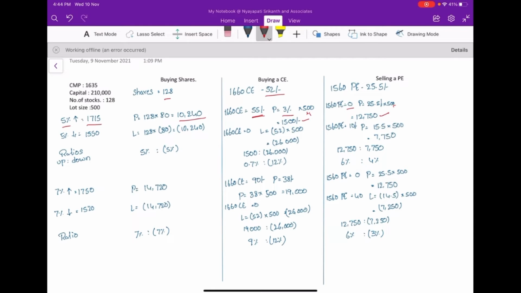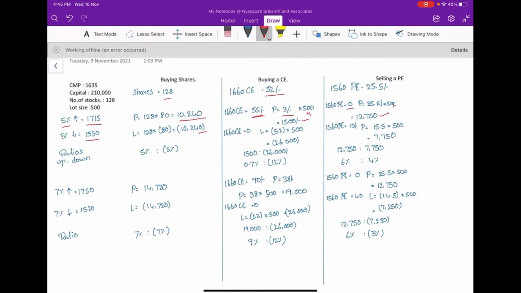We can never say that our view is always right, it may also go wrong. So let's see what if it goes wrong and it moves 5% down. If Adani Enterprises closes 5% down, then the share price will become 1550, and the loss will also be the same. 80 rupees is the loss, and 10,240 is the final loss that we get by the end of November from the shares.